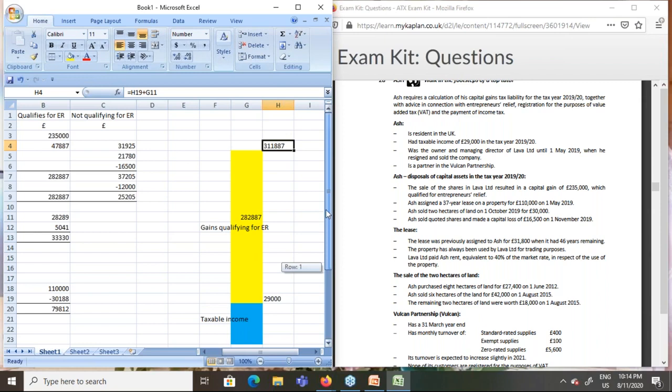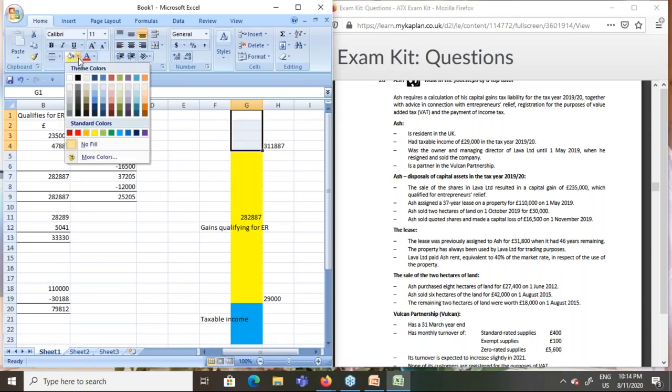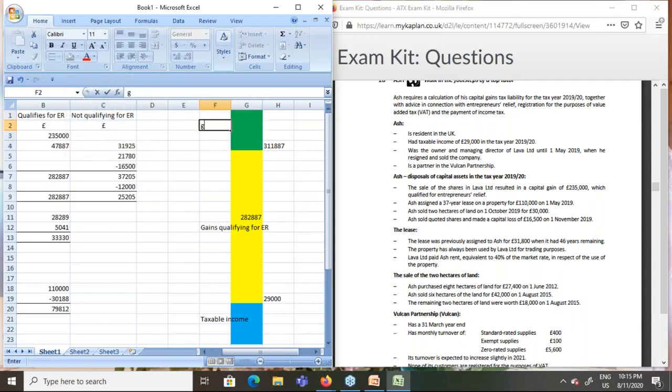On top of that, you keep the gains not qualifying for ER. So that is how much? 25,205. So it comes on top of this actually, on top of this.